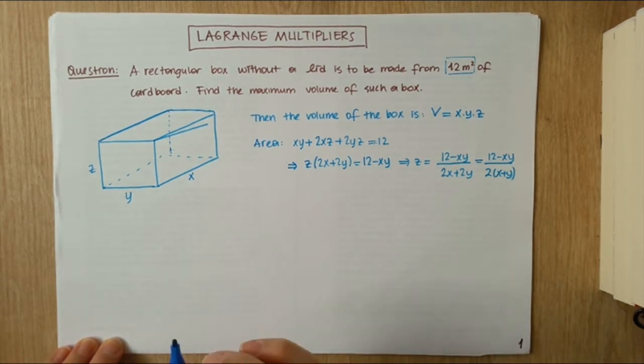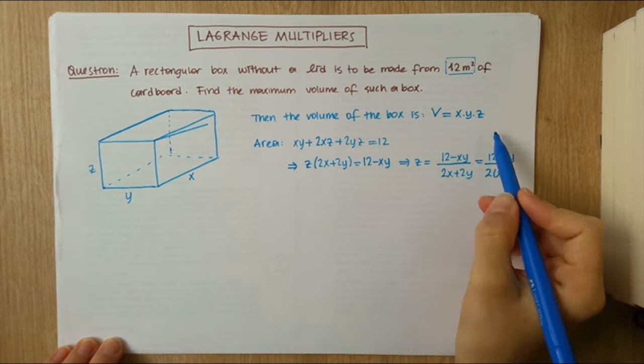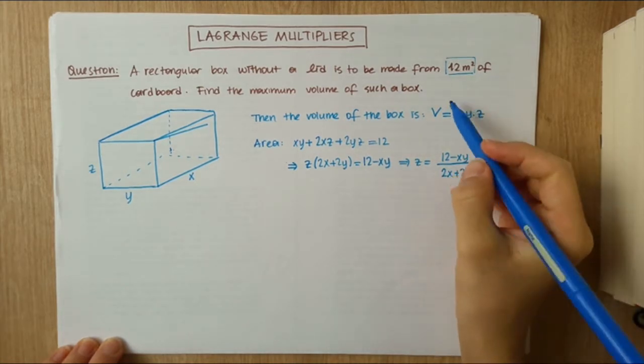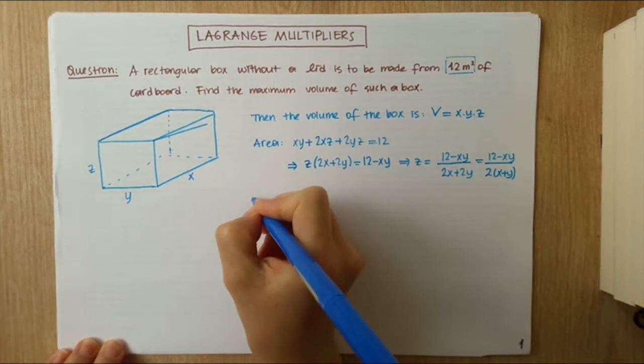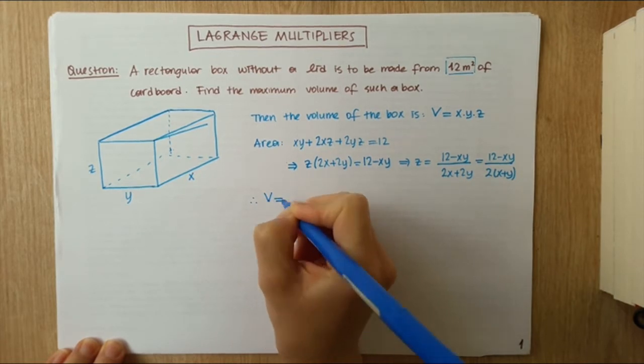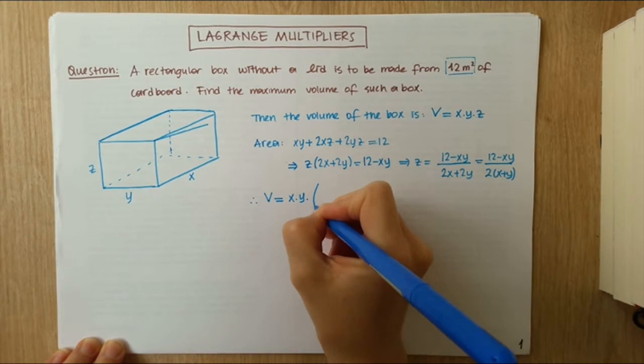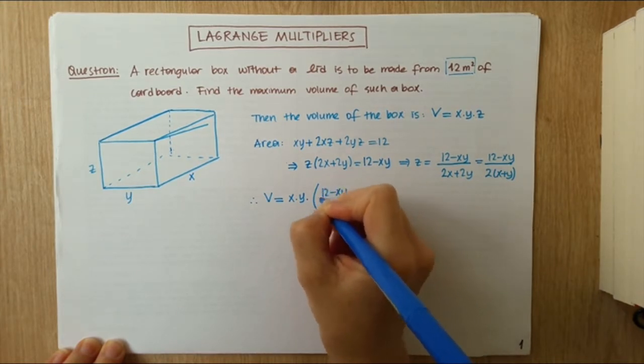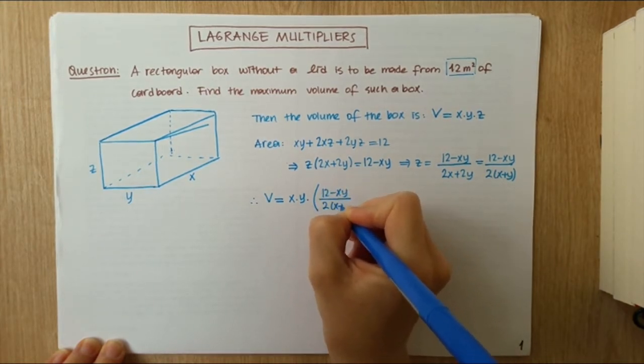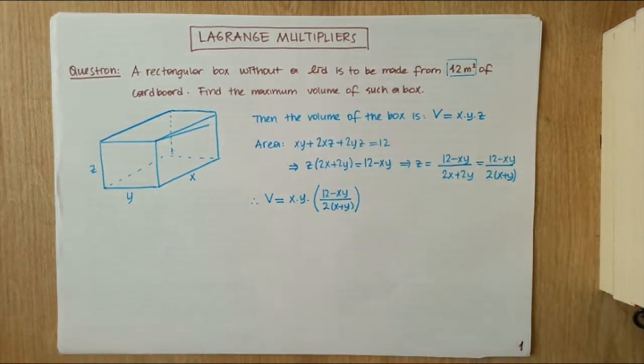Now, I have this result for z, so the expression for V becomes x times y times this z, that is, xy(12 minus xy) over 2(x plus y). So as you can see now, we have a function that depends on just two variables.